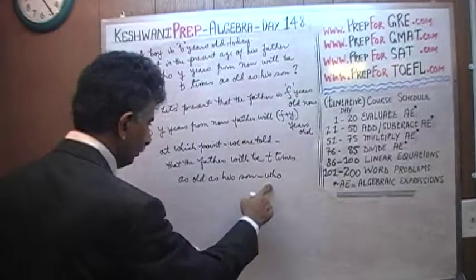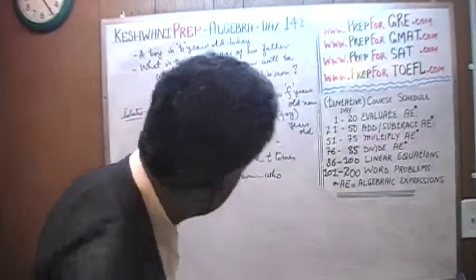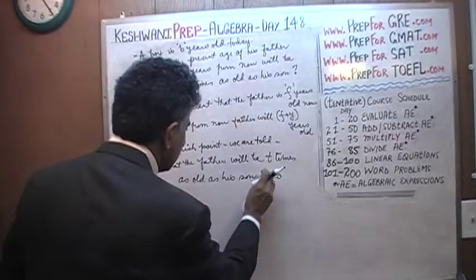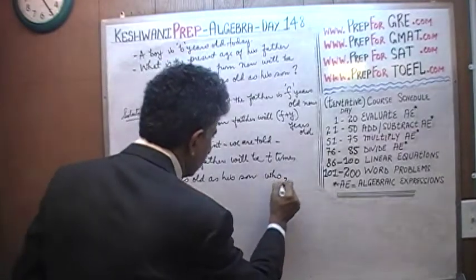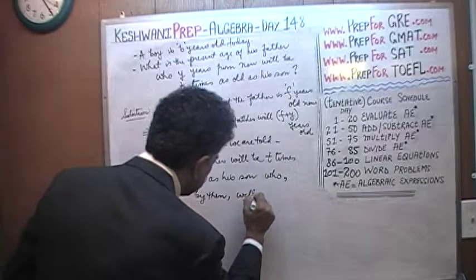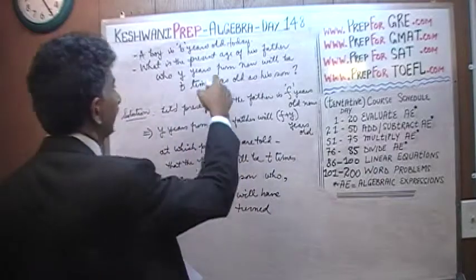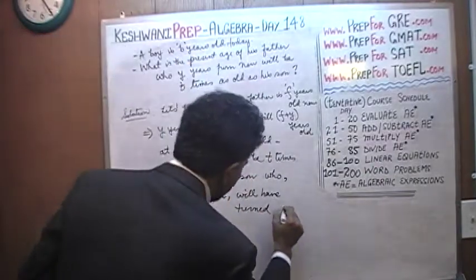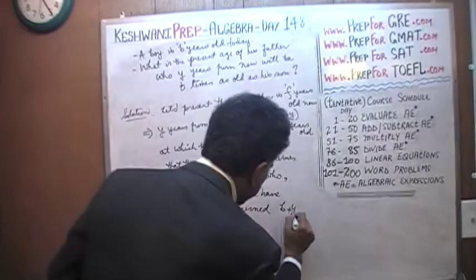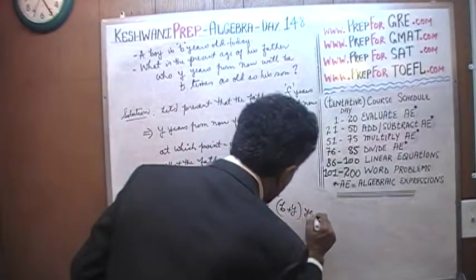The son, who is B years old today, will have turned B plus Y years from now, he will have turned B plus Y years old.